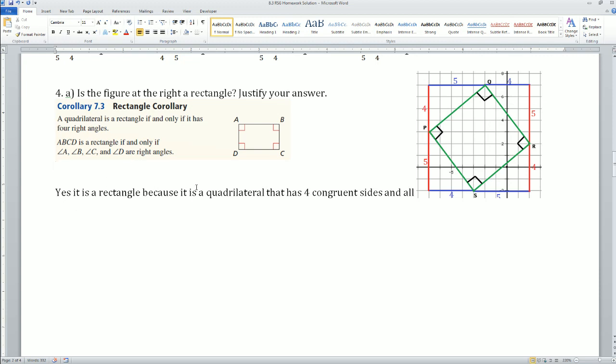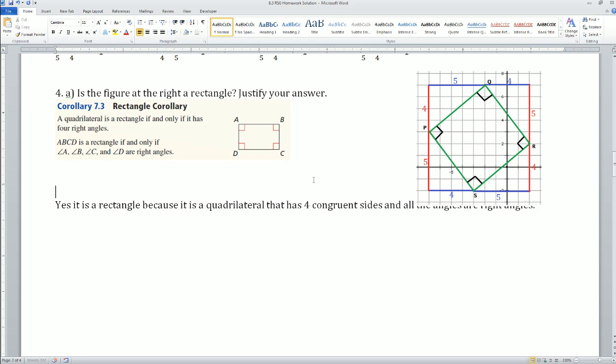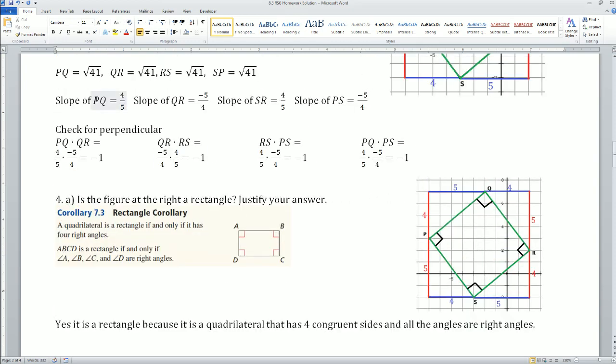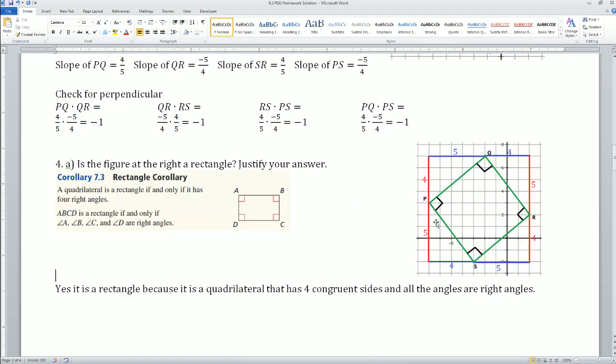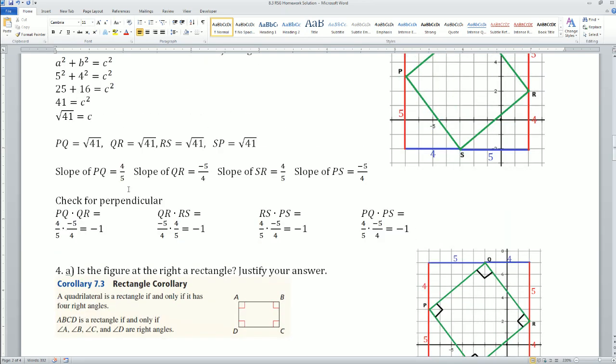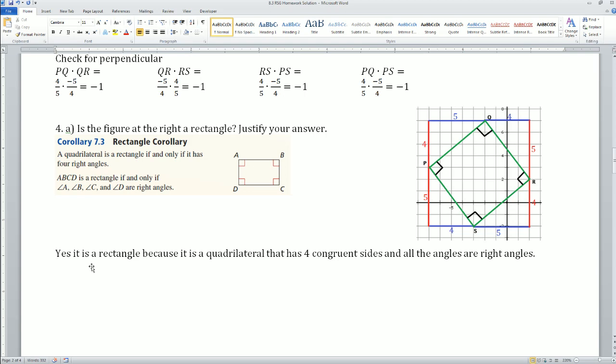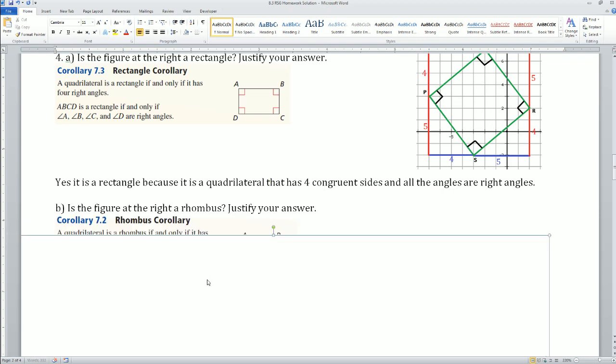So yes, it is a quadrilateral because you have 4 congruent sides, which were all square root of 41. 4 congruent sides, and all of them are 90 degrees because you checked for perpendicular right here. So you needed this calculation to prove that it's a quadrilateral. You needed the check for perpendicular to justify it's 90 degrees. Once you have those, you can say yes, it is a rectangle because it is a quadrilateral that has 4 congruent sides and all of the angles are right angles.